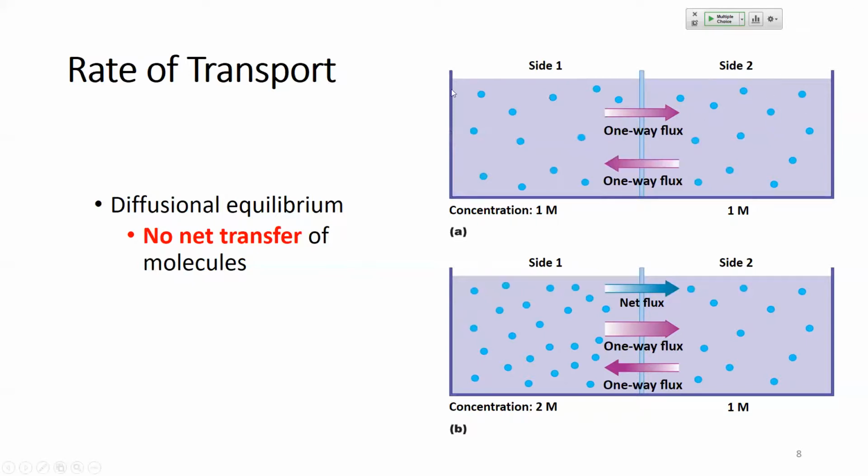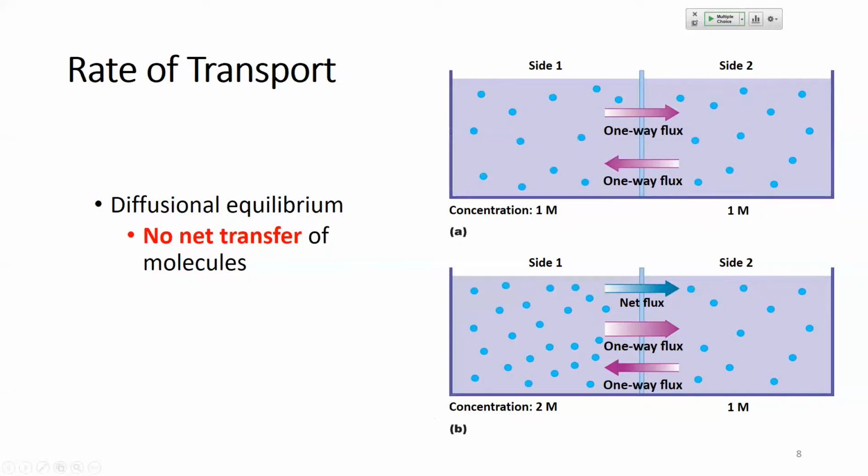For example, in A of this image, there's a concentration of 1 mole on side 1, and also a concentration of 1 mole on side 2. Although there is free movement happening across this membrane, we do not have an accumulation of an excess on either side. That is what we call the diffusional equilibrium.